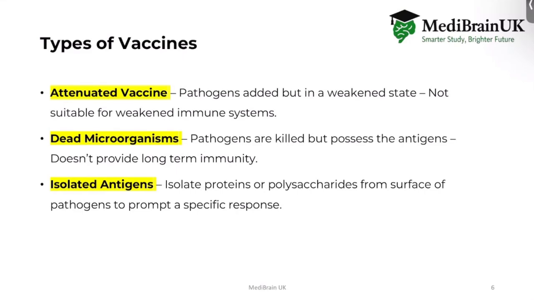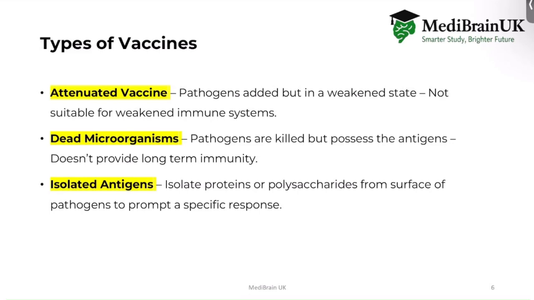And then you've got isolated antigens, where the proteins are isolated from the surface of the pathogen to prompt a specific response. Again, this doesn't provide long-term immunity. They've literally just taken proteins from the pathogen's surface and injected them into you, so you have some sort of immunity within your body against that pathogen, but no long-term immunity will be formed.